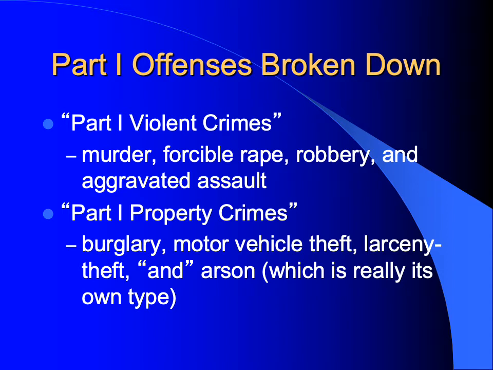So burglary, you'll find out that means you break into somebody's house. Motor vehicle theft, larceny or theft, and arson, which is really its own type if you think about it, since it was added later. Okay, and we'll go into much more definitions in the coming slides, where I'll tell you what each of these means specifically.